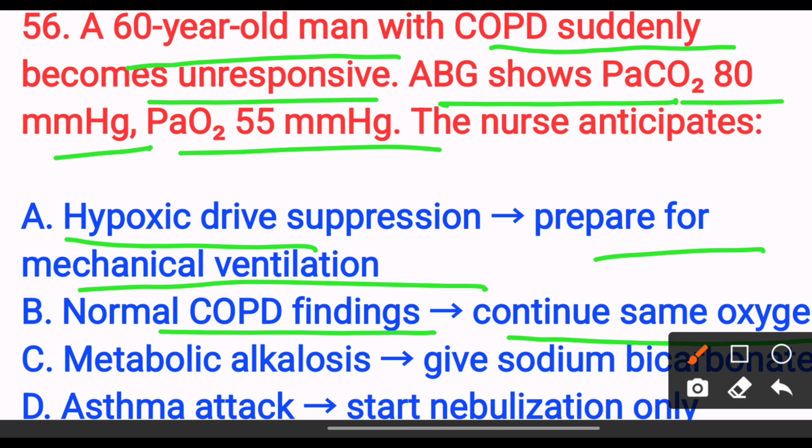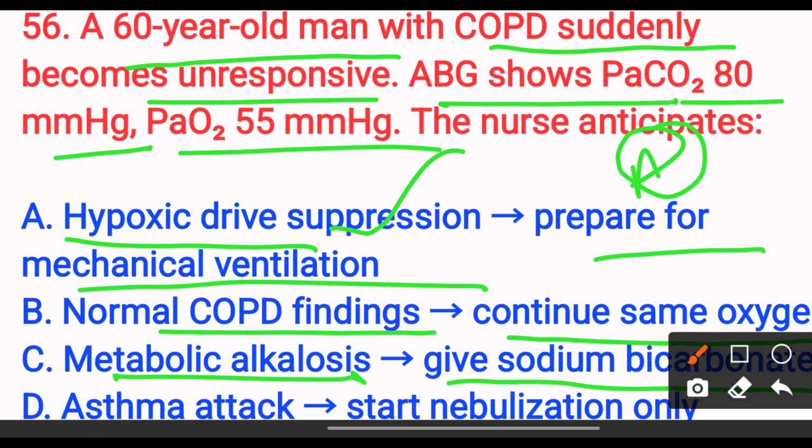Option C, metabolic alkalosis. Give sodium bicarbonate. Option D, asthma attack. Start nebulization only. The answer is option A, hypoxic drive suppression. Prepare for mechanical ventilation, because very high CO2 with low O2 level indicates respiratory failure, so it requires immediate ventilator support. So the answer is option A.